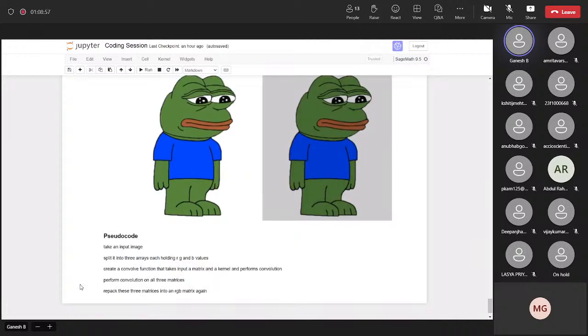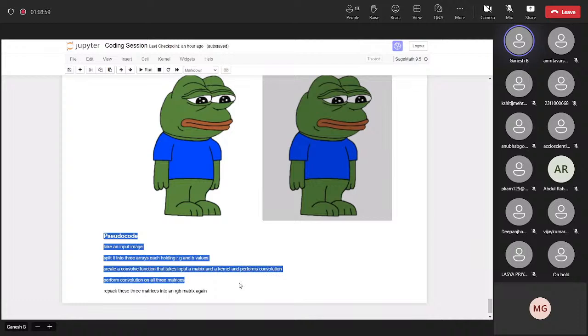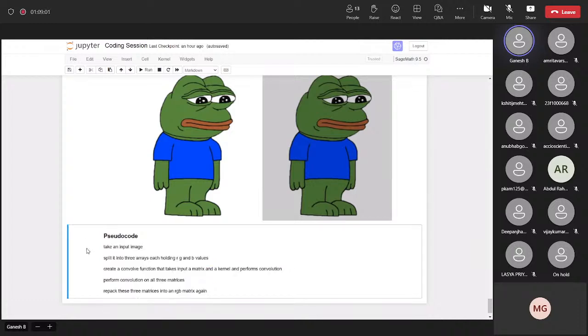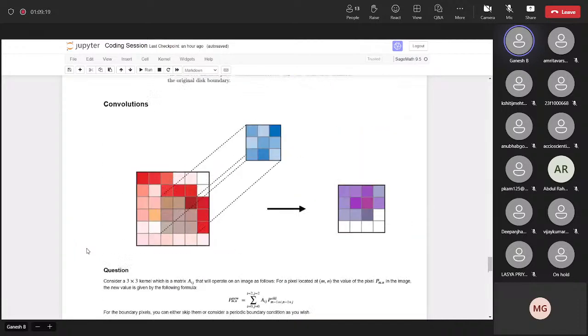It's very simple. Here is a pseudo code for it, and you just take an input image. That image would hold RGB values. Split the RGB value into three matrices, and each matrices would contain the R, G, and B values respectively, and create a convol function that performs this convolution operation that is defined here.